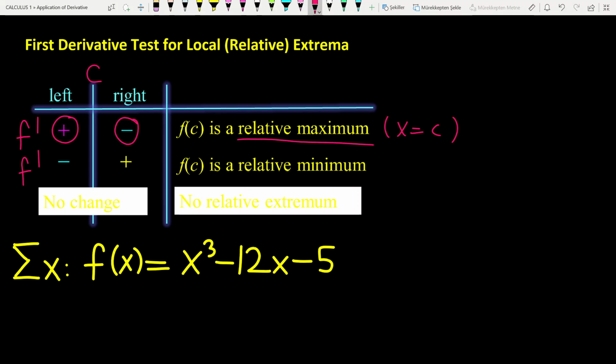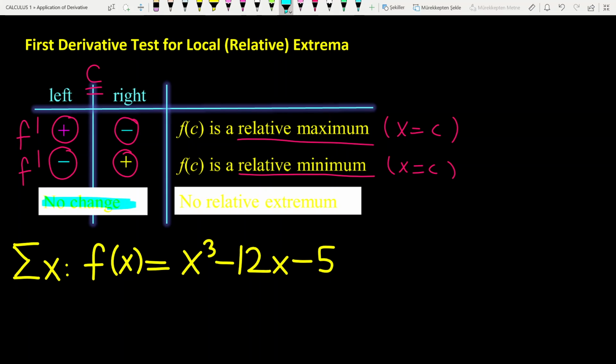What about the relative minimum? If the sign of f prime is negative to the left of C and positive to the right of C, in this case the point C is called a relative or local minimum point.